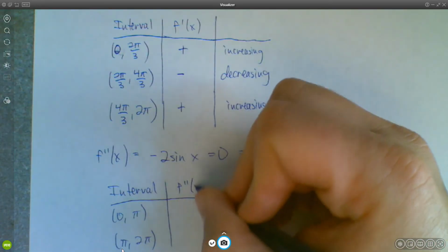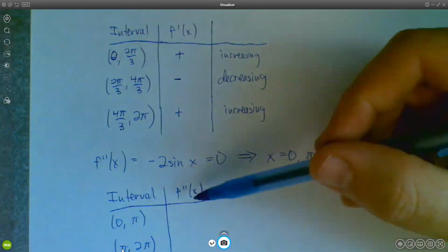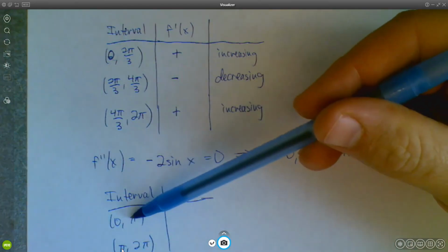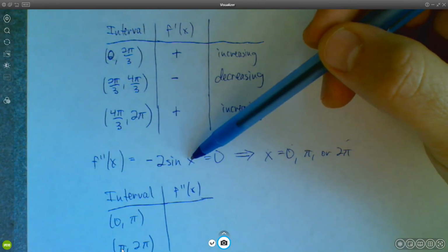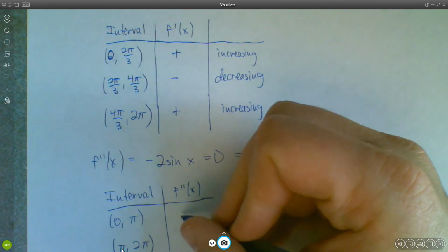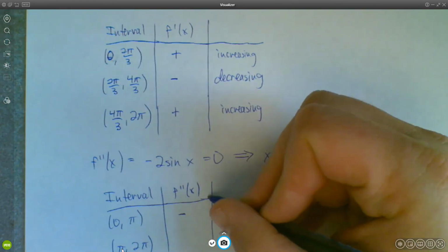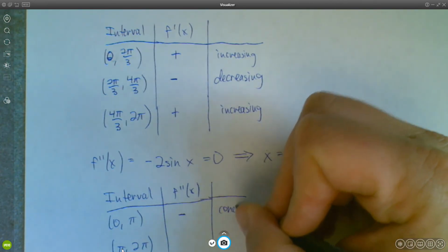So let's plug in some values to f double prime there. If I plug in something between 0 and pi, like pi over 2, sine of pi over 2 is 1. 1 times negative 2 is negative 2, so it's negative there, which tells me that we're concave down between 0 and pi.